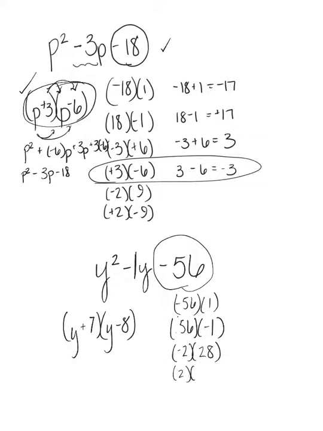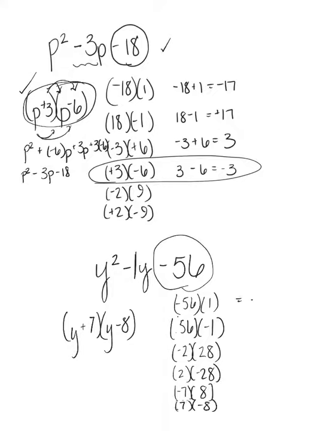And a positive 2 times a negative 28. Let's do the negative 7 times positive 8. Oh, gosh, I'm doing it again. Positive 7 times negative 8.